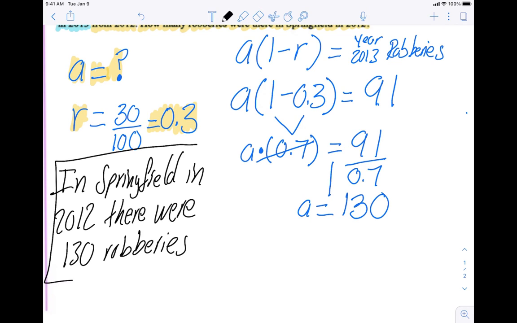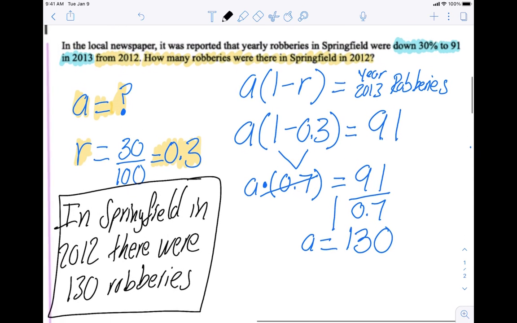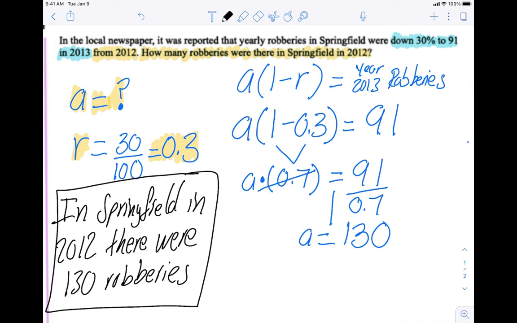And that right there, kiddos, is our solution. Look at that. A little different, right? But nonetheless, not impossible.